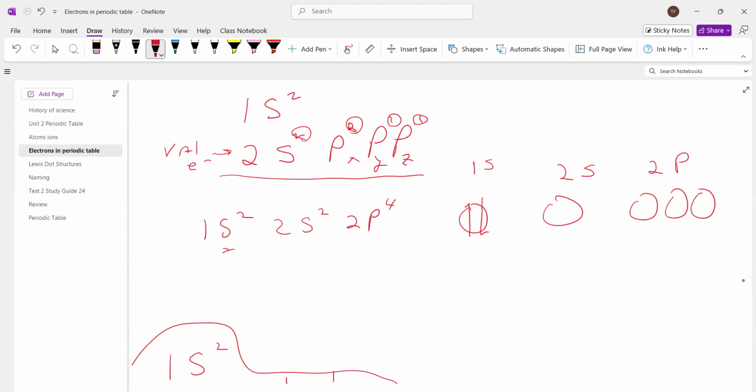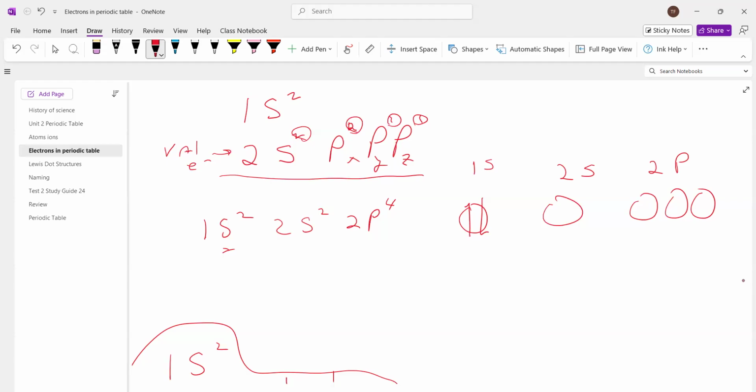So what's the most stable way to put 2 magnets together? North to south, south to north. That's what the direction of these arrows indicate, north and south. Now, if we put north-north, that's an unstable configuration, which doesn't happen. Only the stable ones happen. So they've got to be opposite.